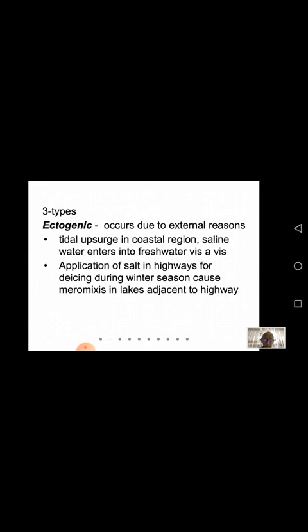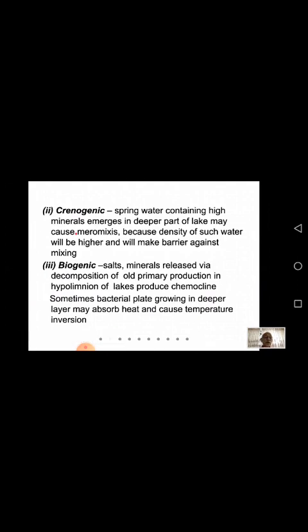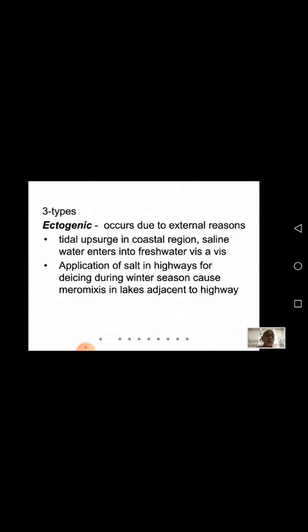There are three types of meromictic lakes: ectogenic, then crenogenic and biogenic. The term ecto means outside, and genic means genesis. So if the meromixis occurs because of any outside reason, then it is ectogenic. So it occurs due to external reasons, like tidal upsurge in coastal regions, where saline water enters into fresh water.